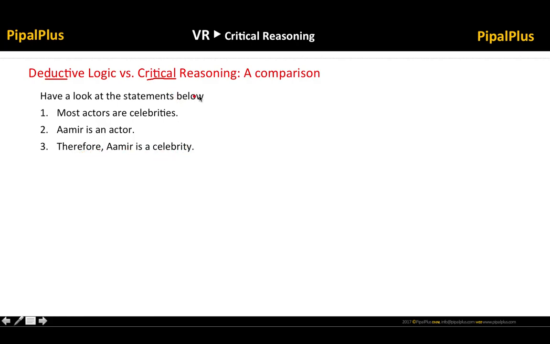Now, you would recall that such statements are very common when we talk about syllogisms, and syllogisms we can typically solve using Venn diagrams. If I were to solve this problem from the deductive logic point of view, we get: most actors are celebrities. So if this circle is actors and these are celebrities, then most of the actors, you would notice this smaller circle, lie in the celebrity circle.